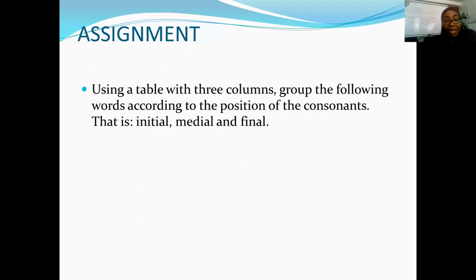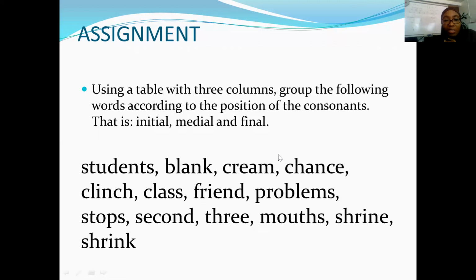We've taken a class exercise, and you have an assignment. The assignment is, using a table with 3 columns, group the following words according to the position of the consonants. The first column is labeled initial, the next one medial, and the last one final. With all the words given, you are to put them in each column based on the clusters in them.